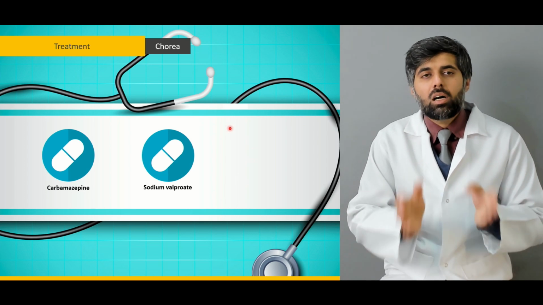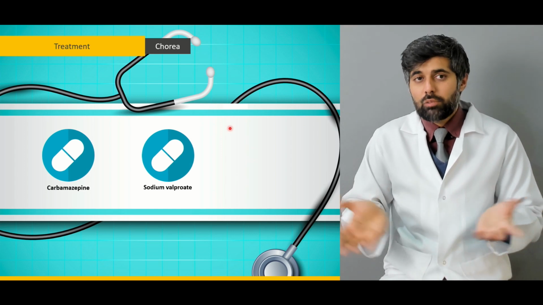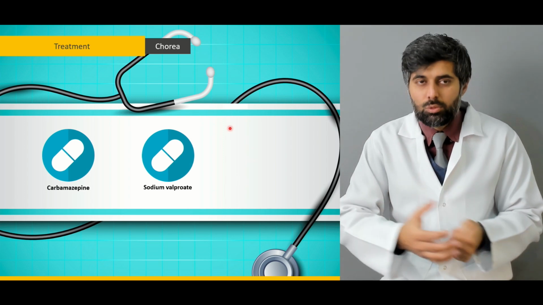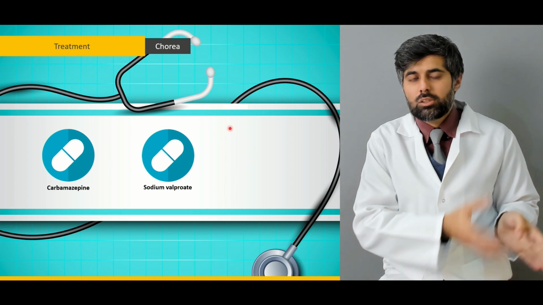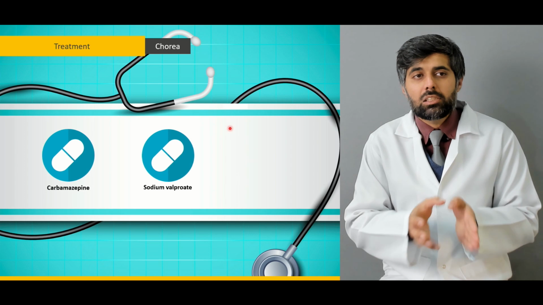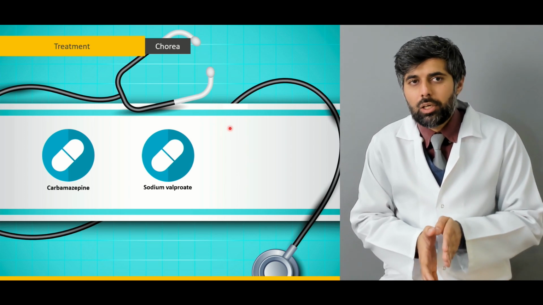Both of these are anti-epileptic drugs. So if the patient is also suffering from epilepsy along with chorea, this will also help. So chorea in the patients with acute rheumatic fever is dealt with these drugs, carbamazepine and sodium valproate.